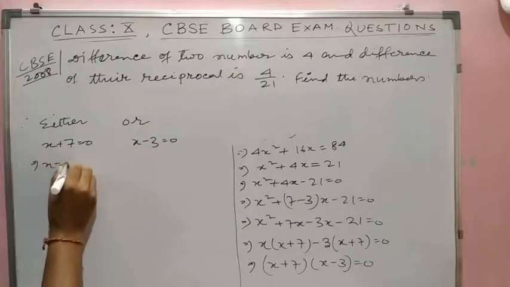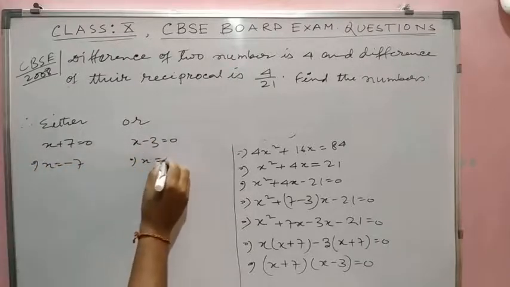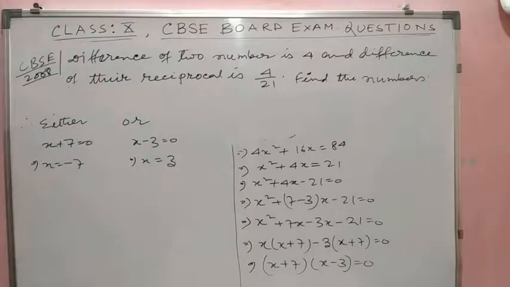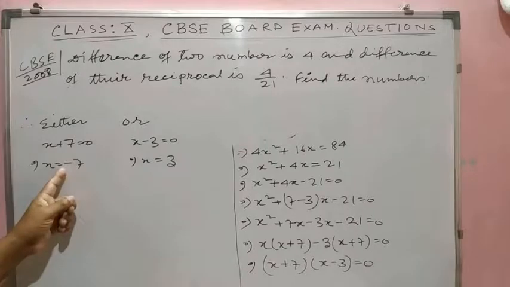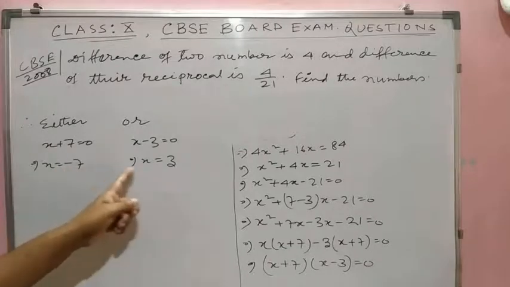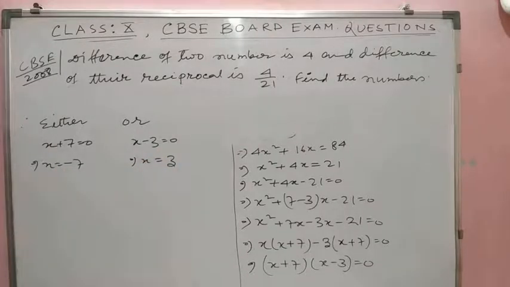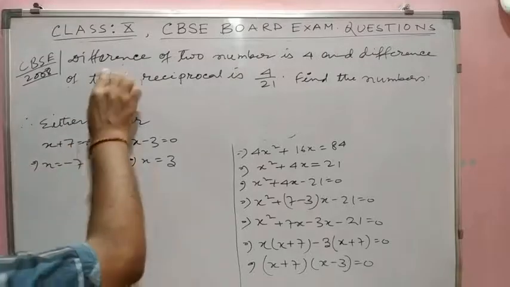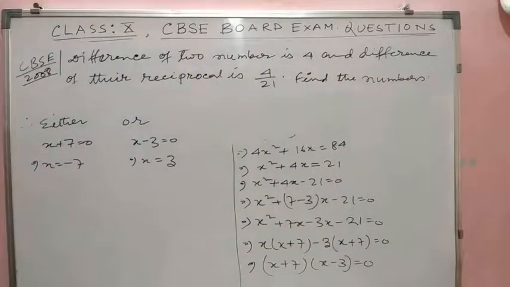This implies that x equals minus 7 and this implies that x equals 3. So we are told to find two numbers. You see, x is minus 7, x is plus 3. As it is not mentioned here whether the number is positive or negative, we have to accept both.